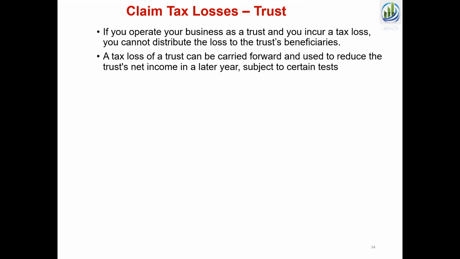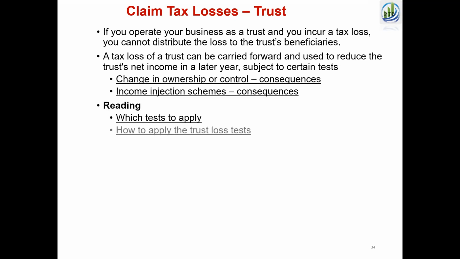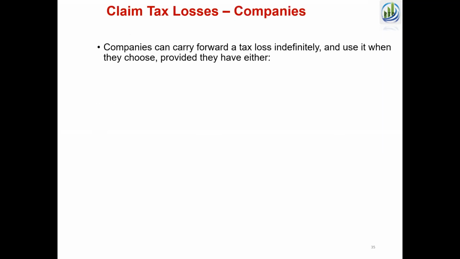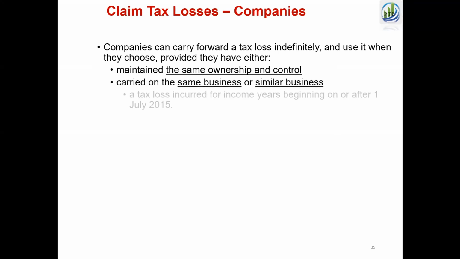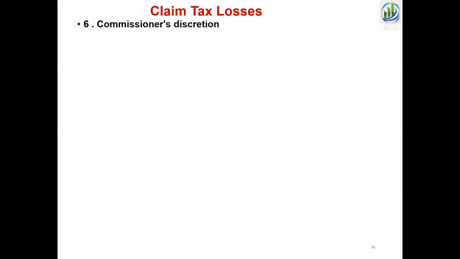So only that way you can carry forward for the future years, right? And same as a company, you cannot pass your loss to your shareholders. You can only carry it forward to a future year to offset again.